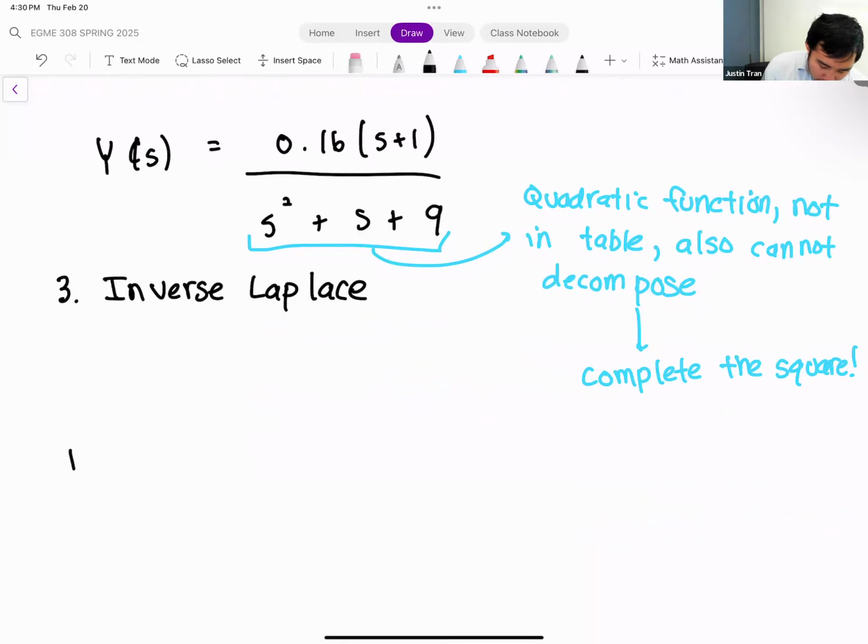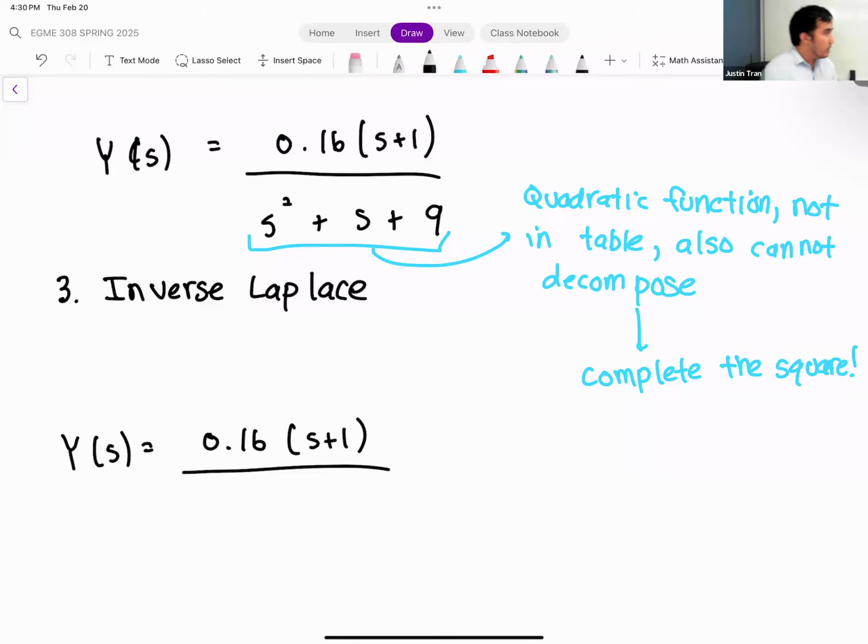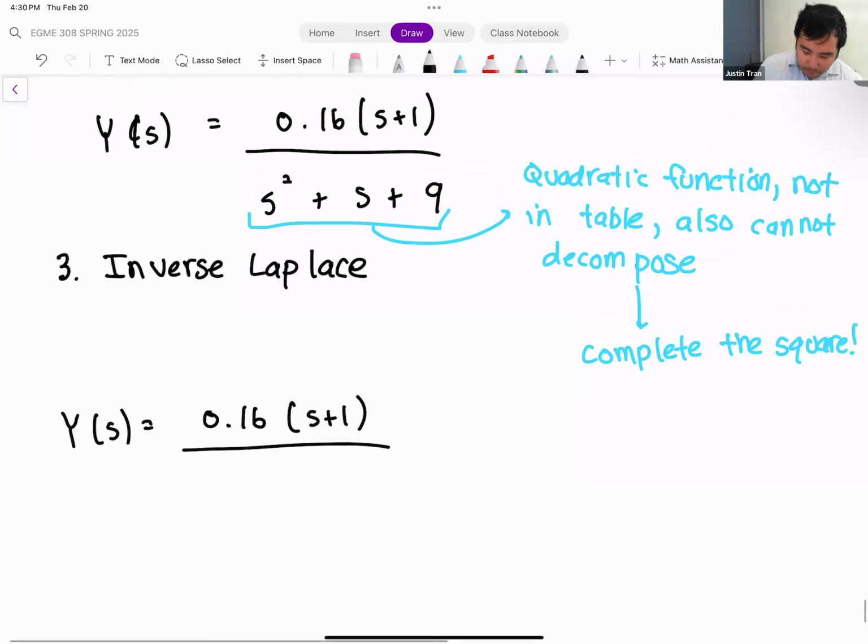So let's go and do that. We have Y of s is equal to 0.16 times s plus 1. On the denominator, I'm going to complete the square, and that's going to put the solution in a form that will match up with something in the table. So you have s squared plus s plus 9.